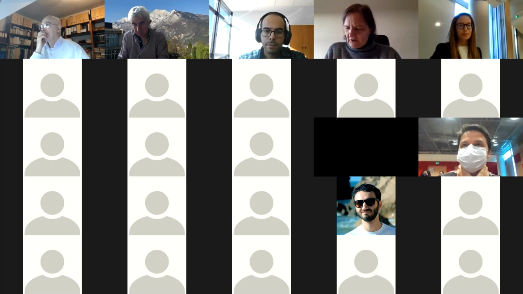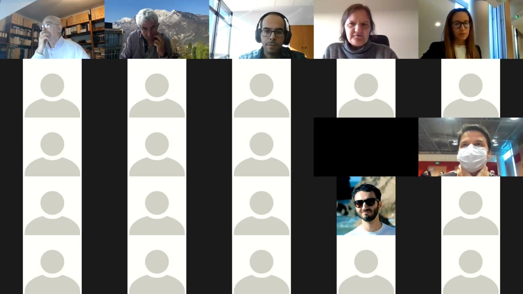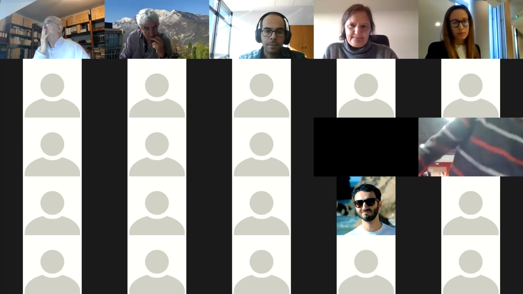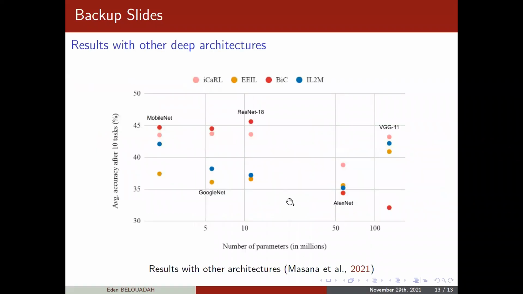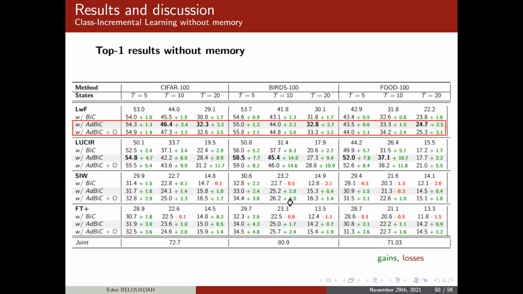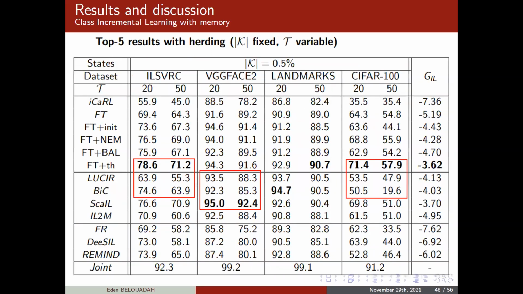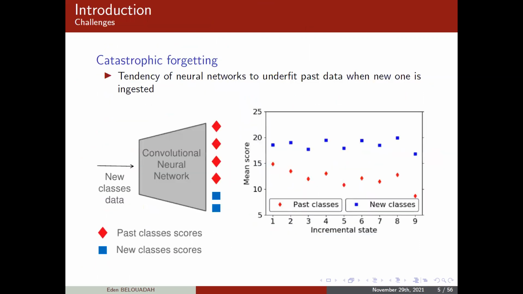Coming to the questions, maybe I would like to ask you first to go to slide number 5. Okay, so this is just one example, but you have a lot of figures like this in your thesis.